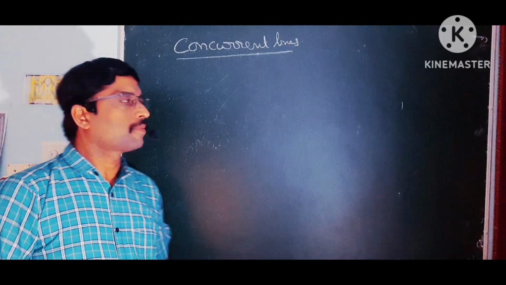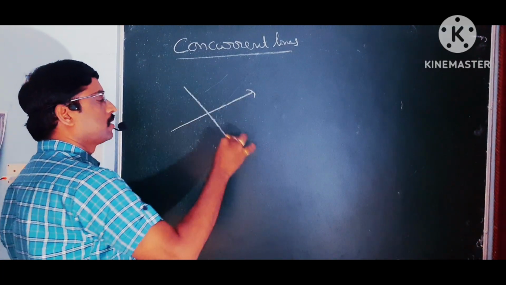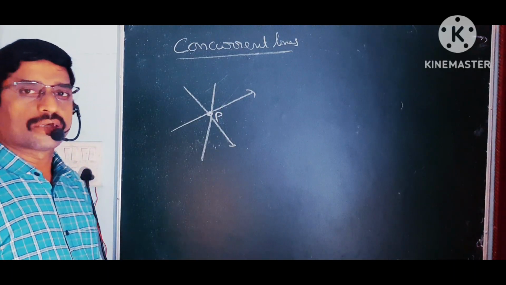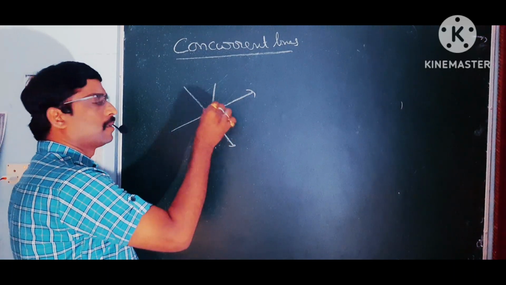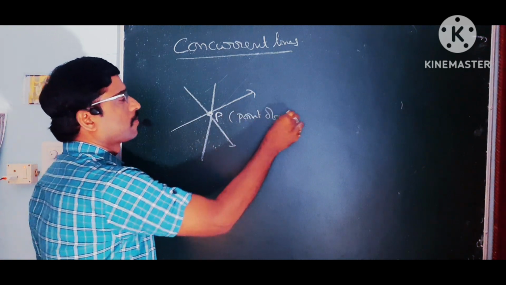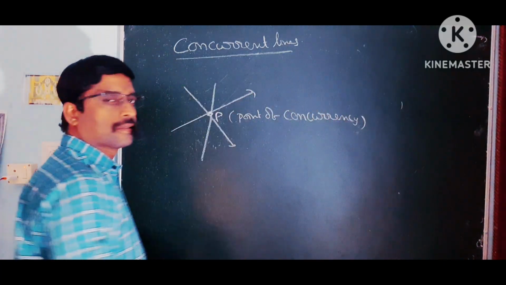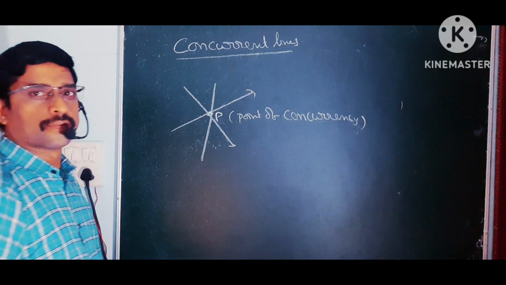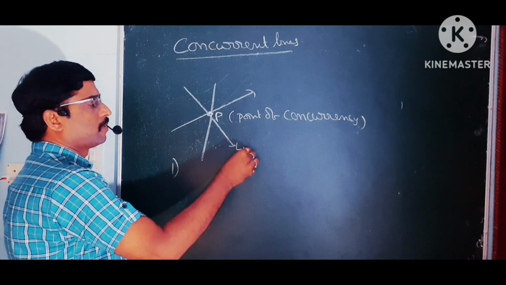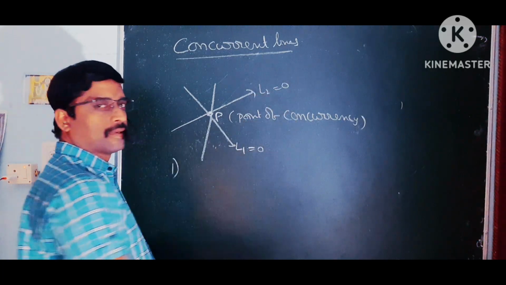Now I'm going to explain concurrent lines. Three or more lines passing through the same point, then this point is called the point of concurrency, and those lines are called concurrent lines. Now the equation of one line is L1 is equal to 0, the second line is L2 is equal to 0.